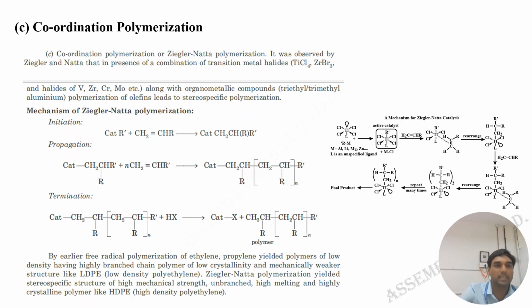The mechanism is a little bit complicated. Basically the alkene moiety combines and forms the monomer on the titanium site, and there is no other site, so only that chain will grow. This method is highly useful. It forms highly stereospecific structures with high mechanical strength, high melting point, and highly crystalline polymer. You can even get high density polymer here.